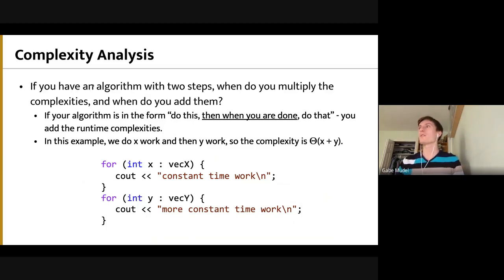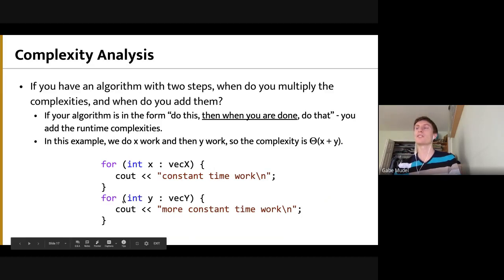So how do we figure out the time complexity of algorithms in general when we are looking at code? When we have two separate things that are done in sequence, consecutively, we can just add the time complexities, right? This is some work done here on its own, and then after we're done with this work, we do work here on its own. So this is a case where we add the complexities.